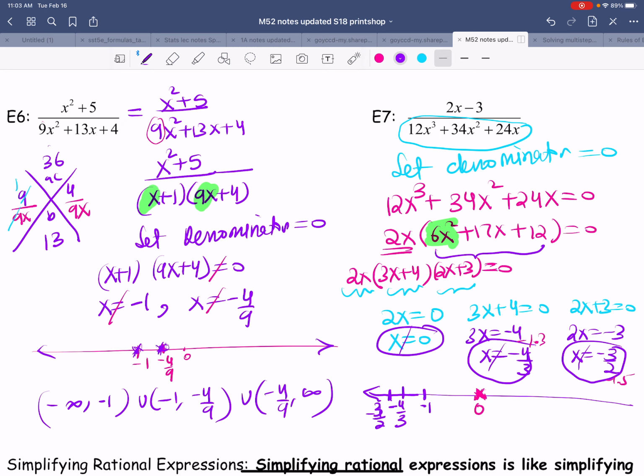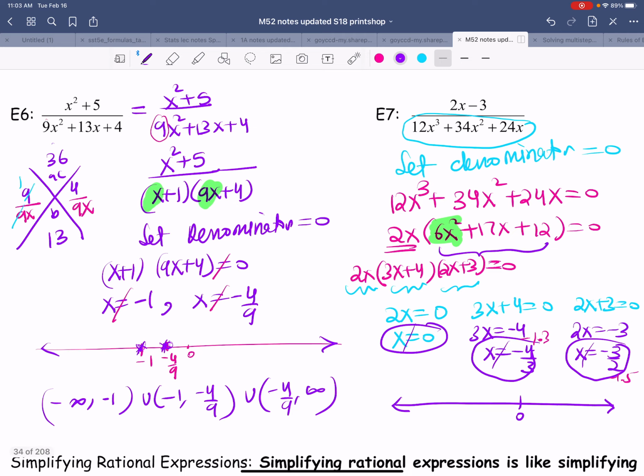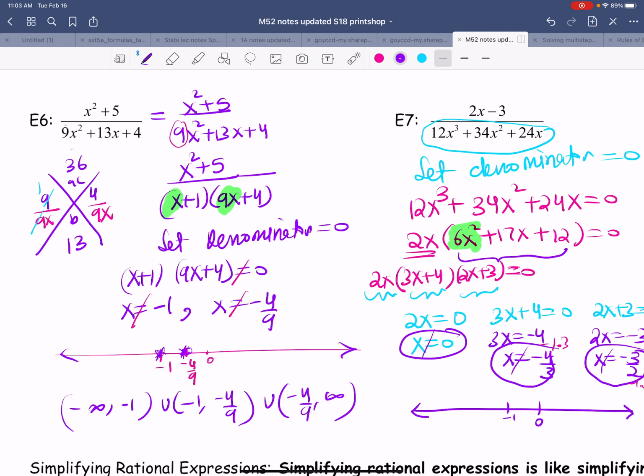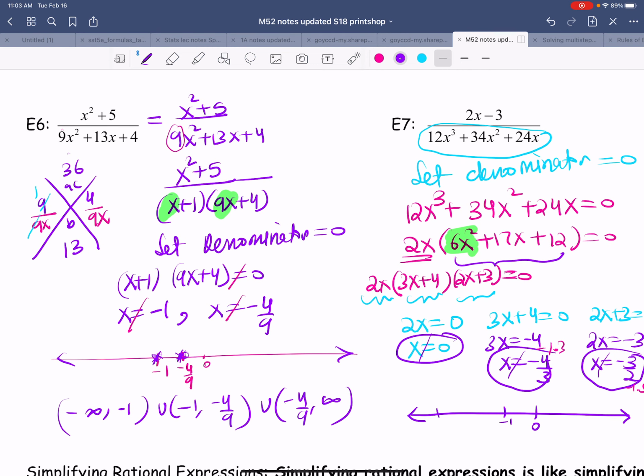Okay, so negative 3/2 and then negative 4/3. I'm not happy with the way it looks, too crunched. So this is 0, number line. This is negative 1 and negative 3/2, negative 4/3. Okay, so in the right order on the number line.